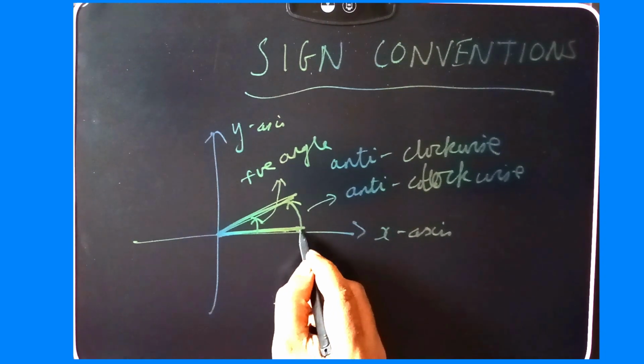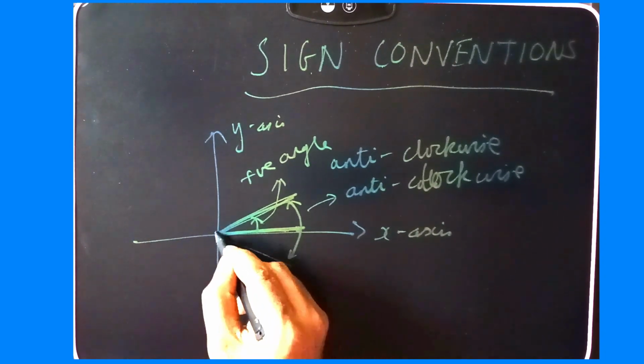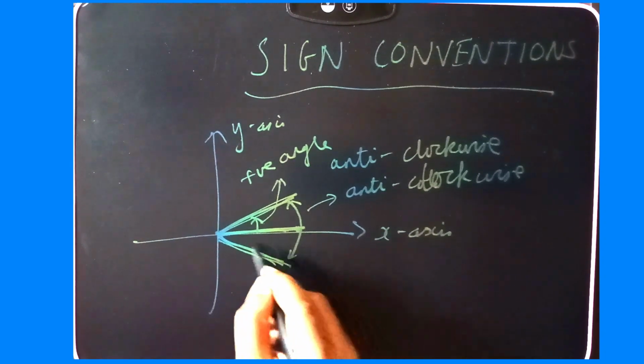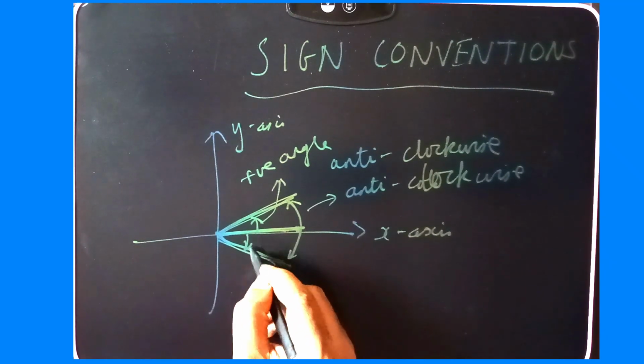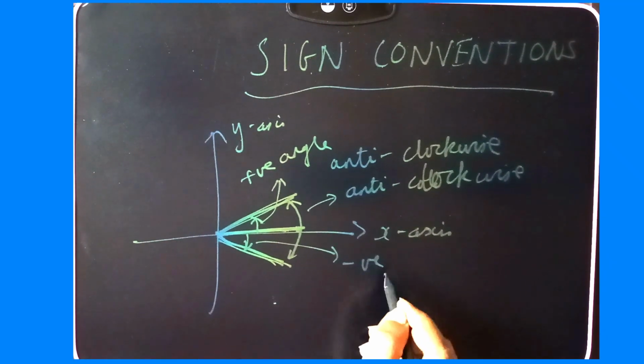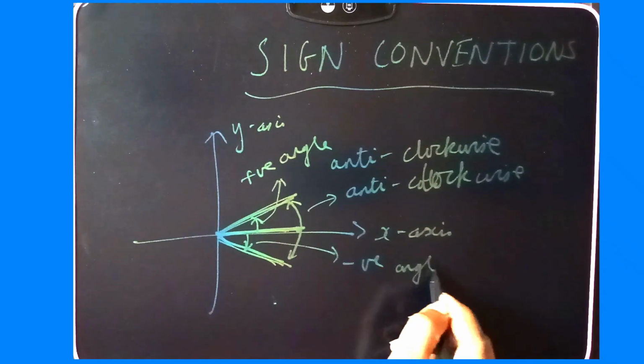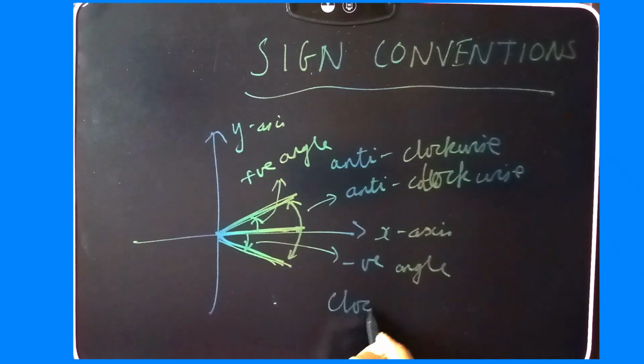If it rotates downwards, then this angle here is a negative angle. Basically, this is clockwise.